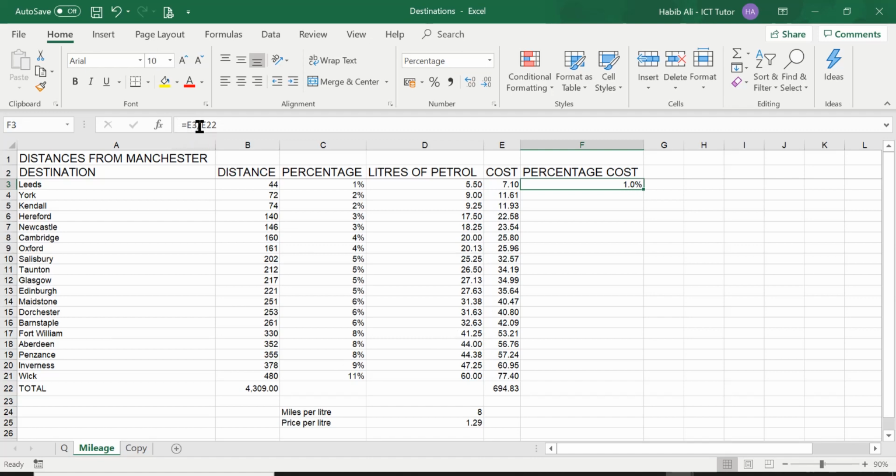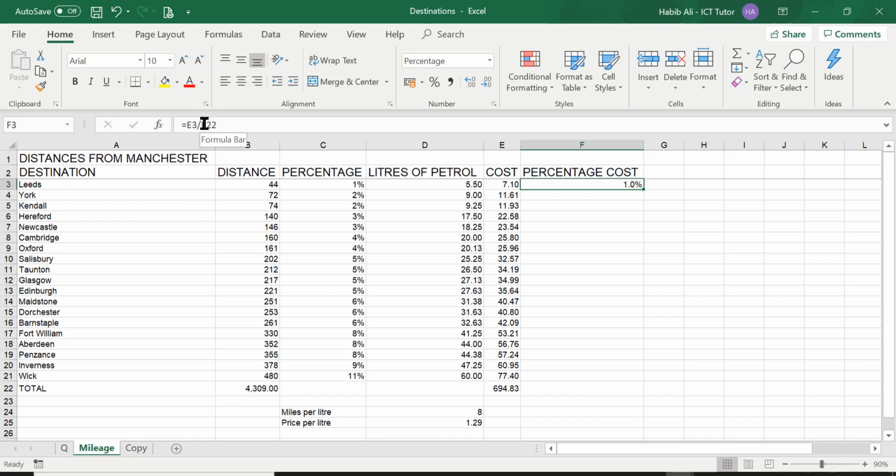So E3 should remain a relative reference. But what about E22? Because E22 is the total. Am I using in this formula this total cell for each one of these calculations? Yes, I am. So because of that, we need to again freeze E22. We need to make this an absolute reference.